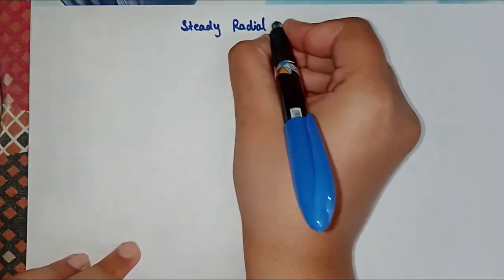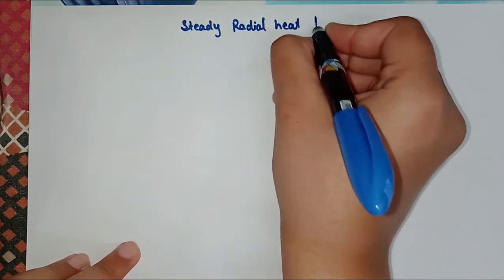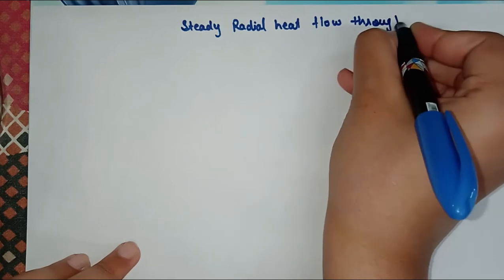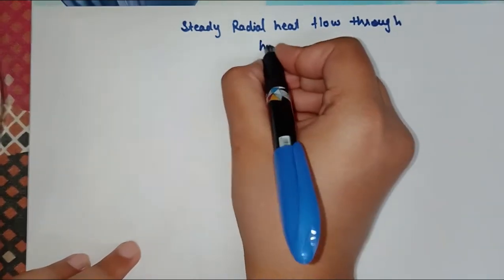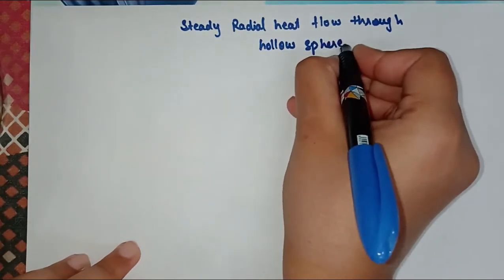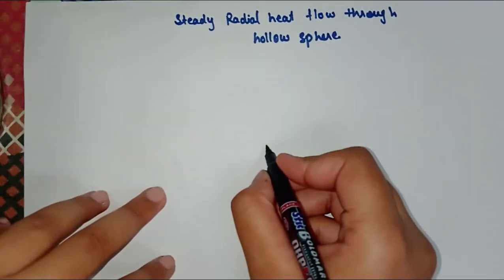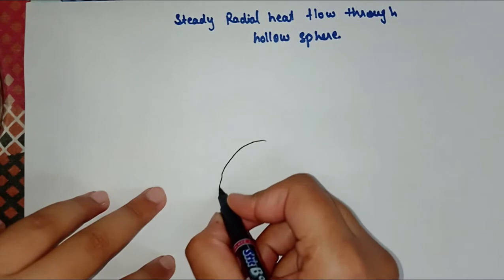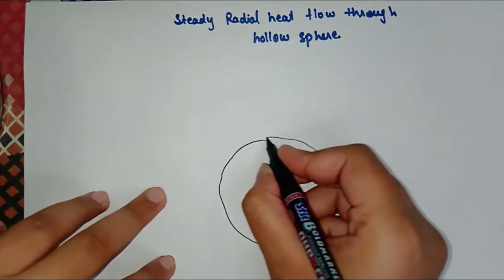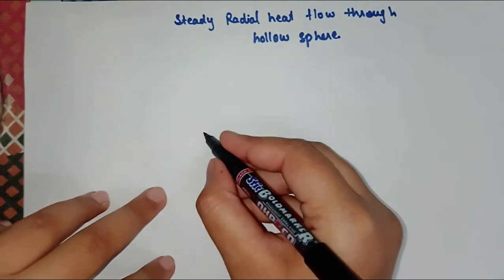Now let's find the general equation at steady state without heat generator through a sphere. For this, first we have to make a diagram. Let's take a portion of sphere.